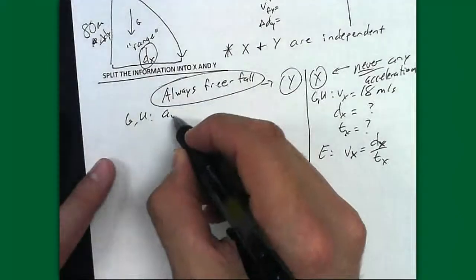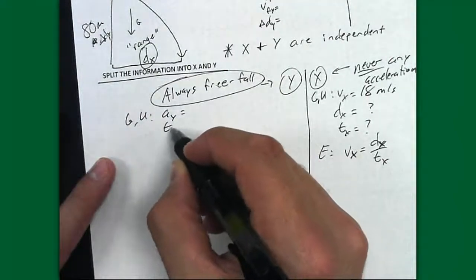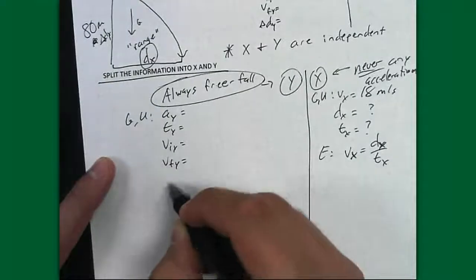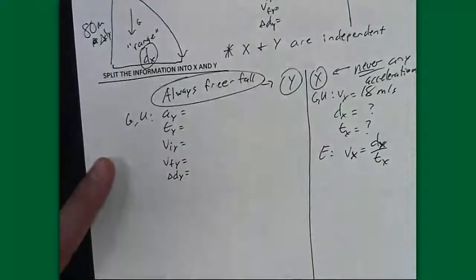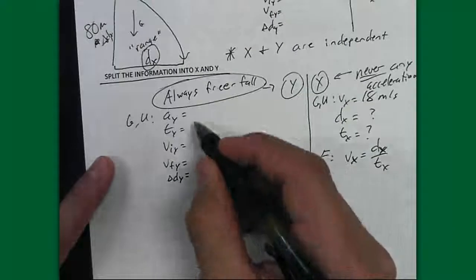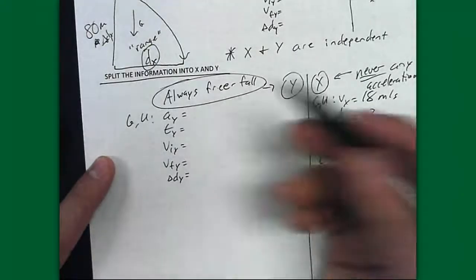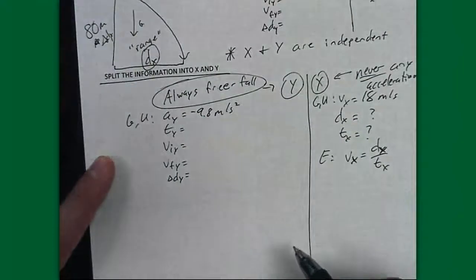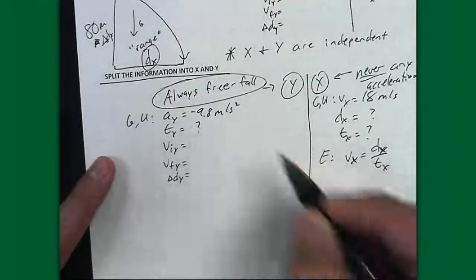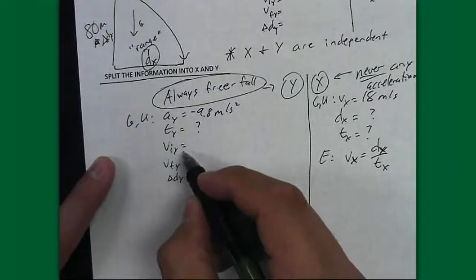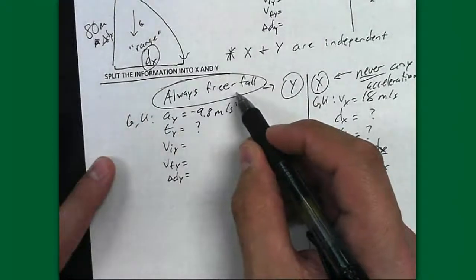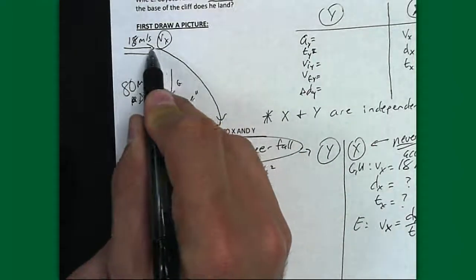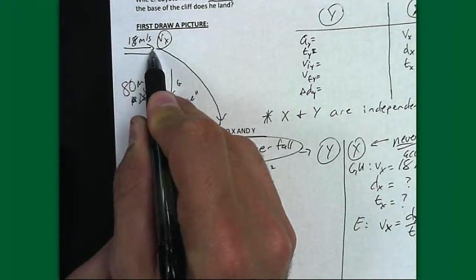And let's name all of our variables for the y side. A, t, vi, vf, and delta d. And let's run down that list. A in the y direction, if it's a free fall problem, that's just gravity. A is negative 9.8 meters per second squared. Time, we don't know. Vi in the y direction, again, it's a free fall problem. And if we're starting out horizontally, the question is, how much of this velocity is going in the y direction?